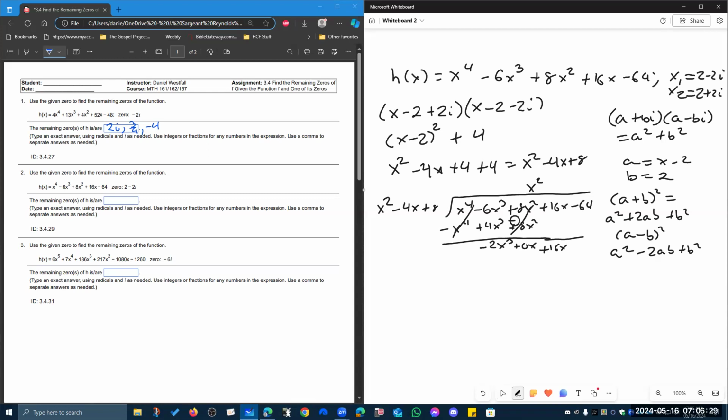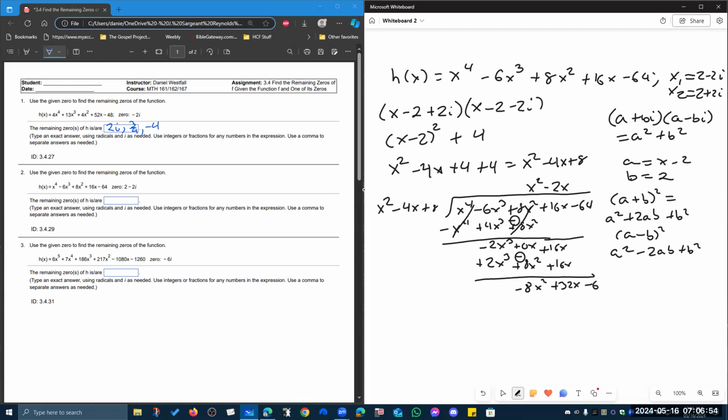X squared into negative 2x to the 3rd is going to be a negative 2x. Negative 2x to the 3rd plus 8x squared minus 16x. Change my signs and add is negative 8x squared plus 32x.